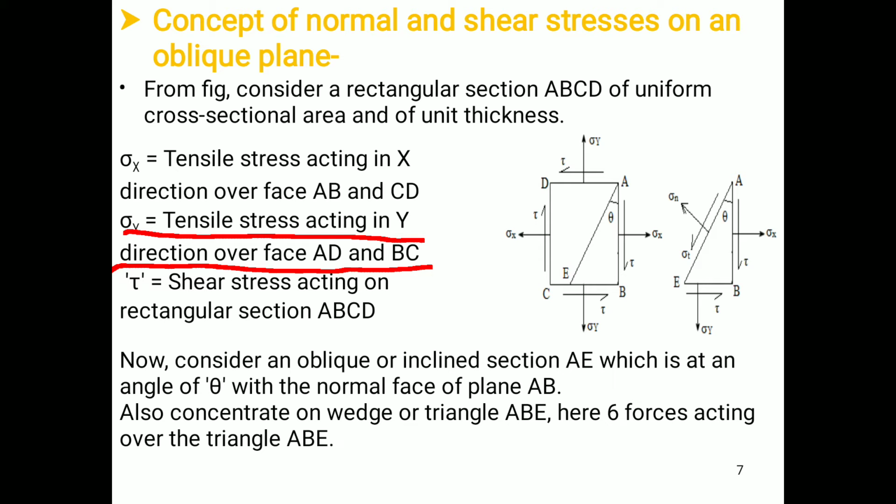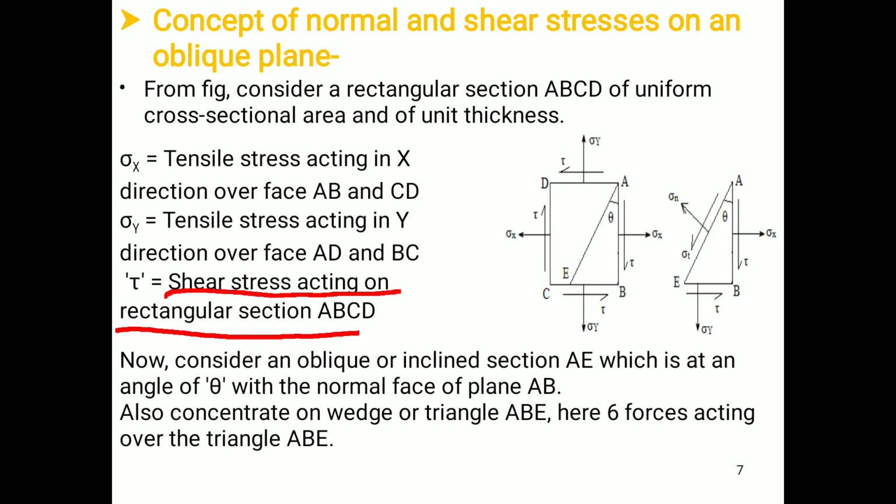In the same manner we have tau, which is the shear stress acting on rectangular section ABCD, a very important one. This is the value of tau acting over face AB, this is tau acting over face BC, tau on CD and tau on AD.